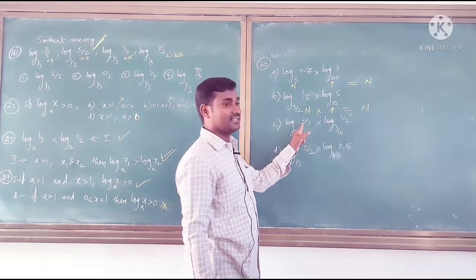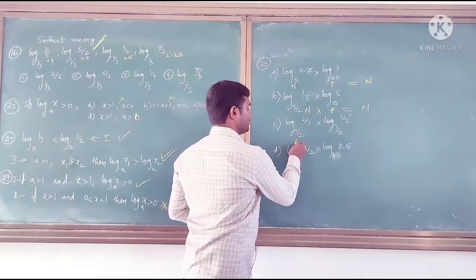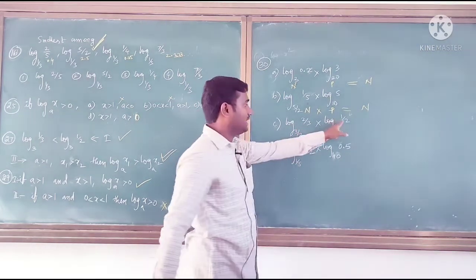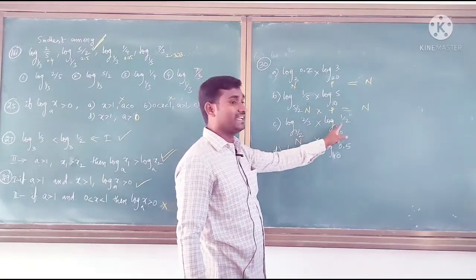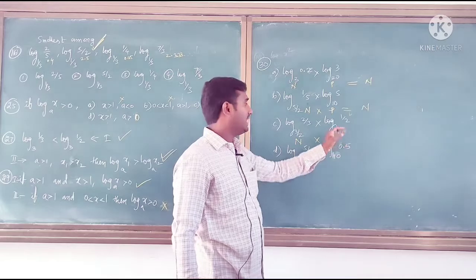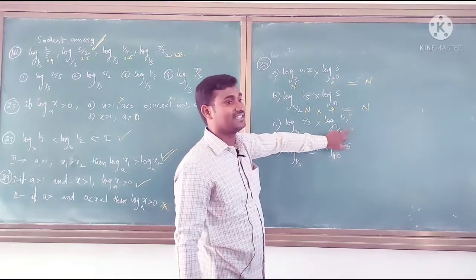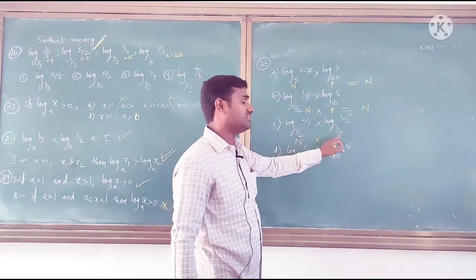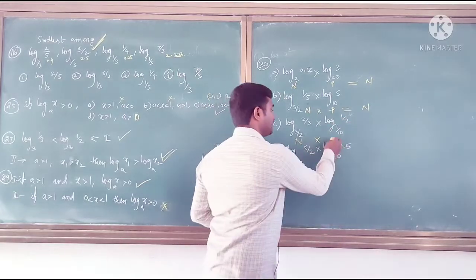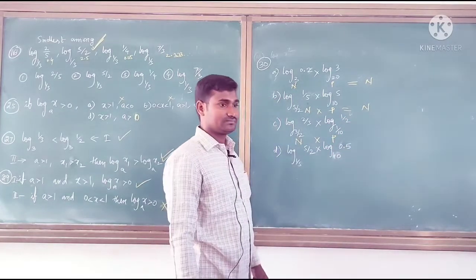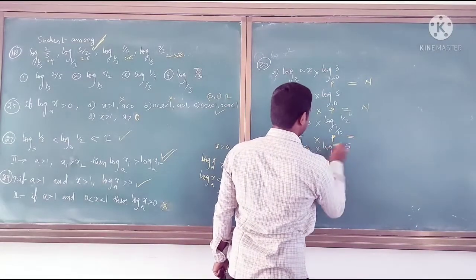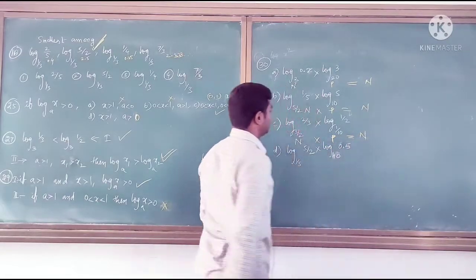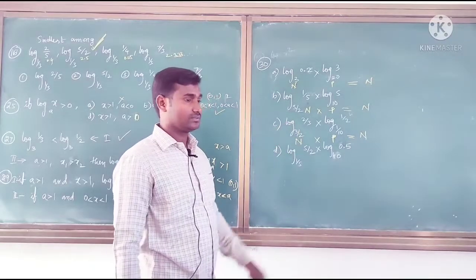So it is negative into negative. Both lie between 0 and 1 and x is greater than A, so this value is less than 1. That means it is positive.